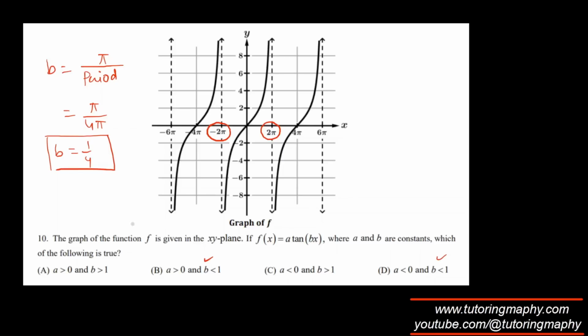And it's very important that we understand how the parent function tan of x looks, because if we know this, then we can very easily find the sign of A. So the parent function, this is negative pi over 2 and this is pi over 2. The parent function looks like this. This is the trajectory.